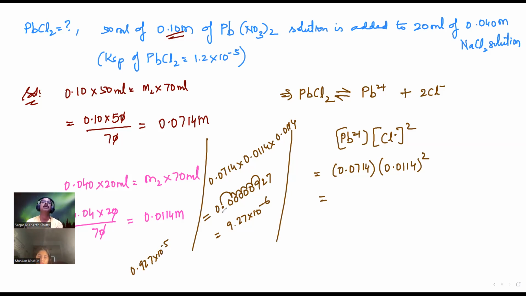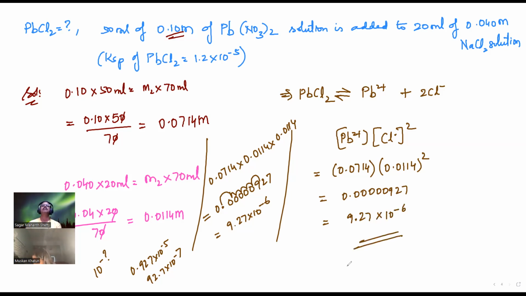If I stop after 2, it becomes 10 to the power of -7. So how many decimals you move, that many is the minus power of 10. Here the final answer would be 0.00000927, moving 6 places to the right, so 9.27 times 10 to the power of -6.